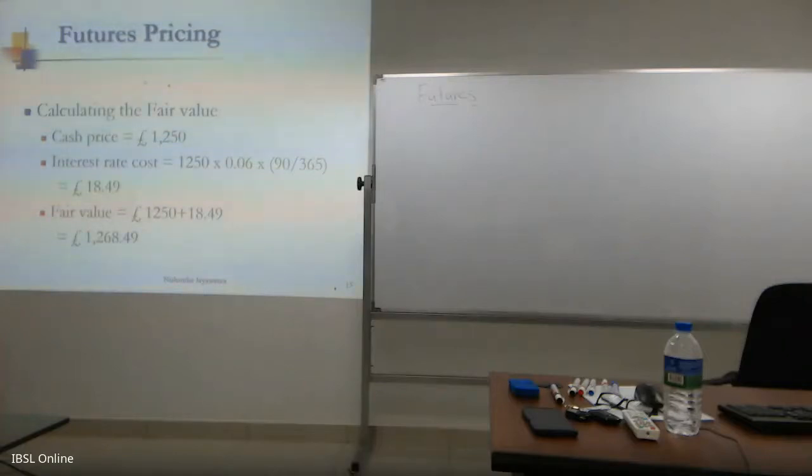Otherwise, there will be an arbitrage. Okay, think about it. We'll take a break, 15 minutes. Think about it. After that, I'll explain, in this example, how can there be an arbitrage?